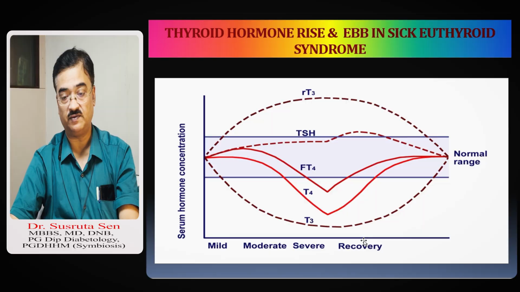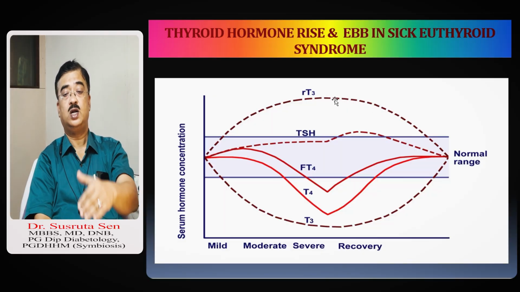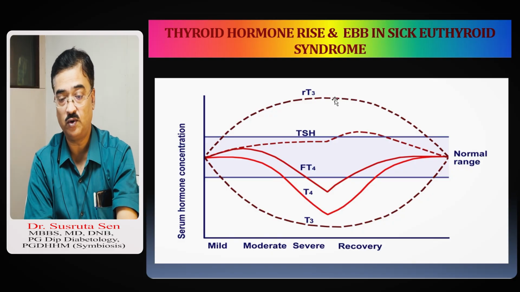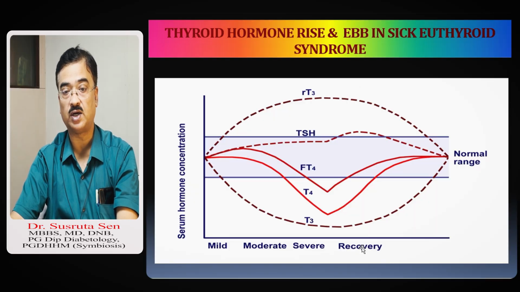During the phase of recovery, if you draw blood from this patient, you will find a slight rise of TSH above the normal range, and low normal FT4, low T4 and low T3. This is a classical picture where T3, T4 are low, TSH is high, FT4 low. So you might diagnose this as hypothyroidism or subclinical hypothyroidism.